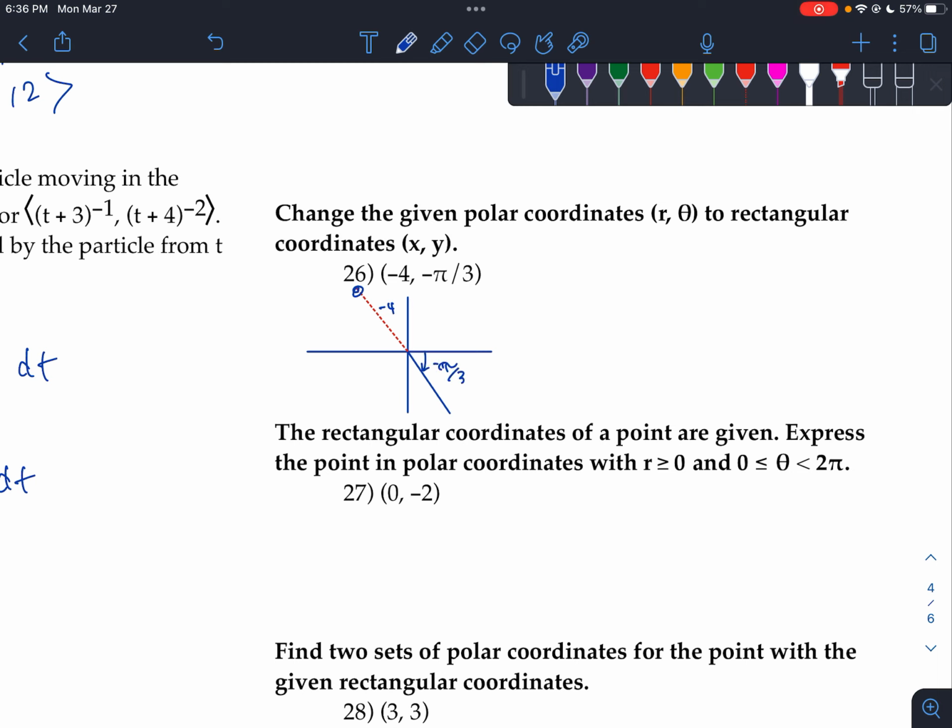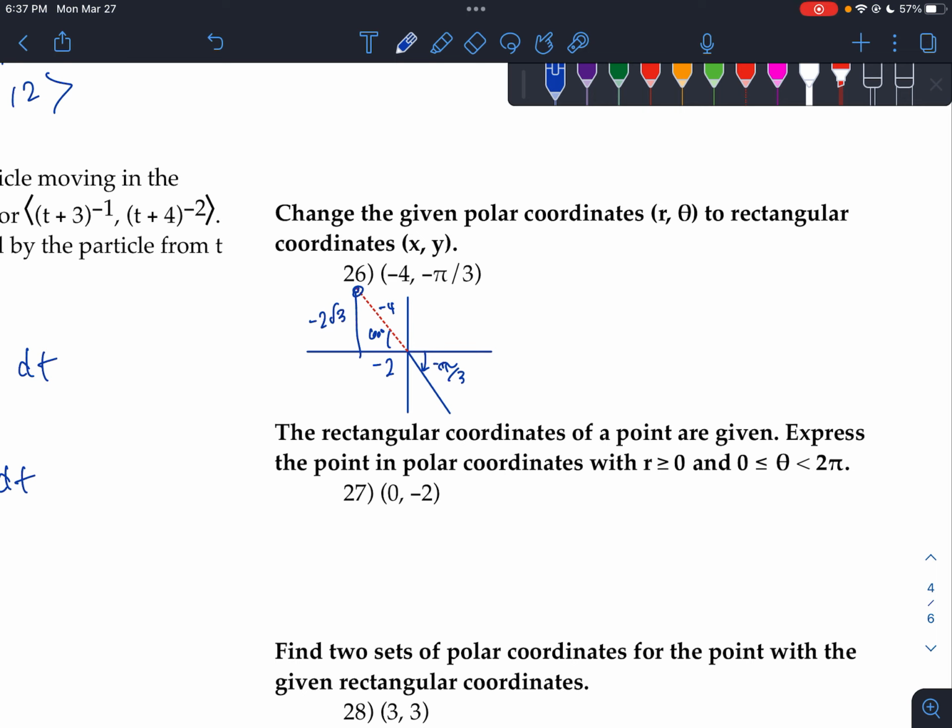And so that means right here, this would be 60 degrees. And this right here, if it's 60 degrees, that's negative 4. This would be negative 2. This would be negative 2 square root of 3.